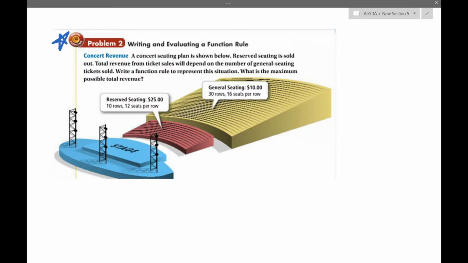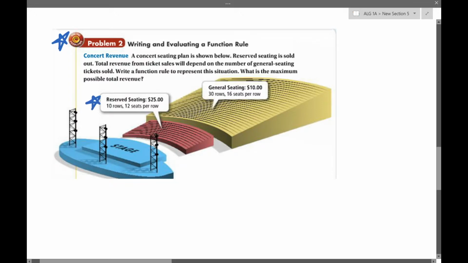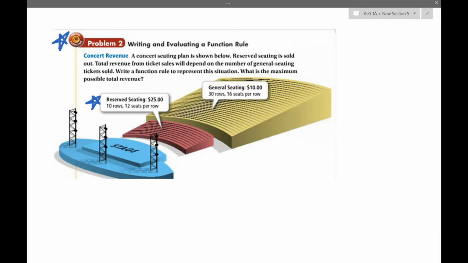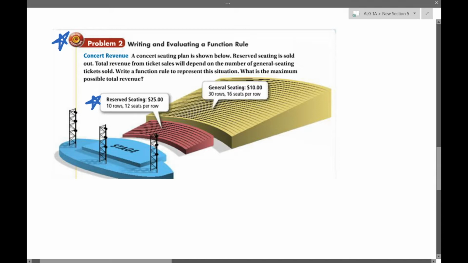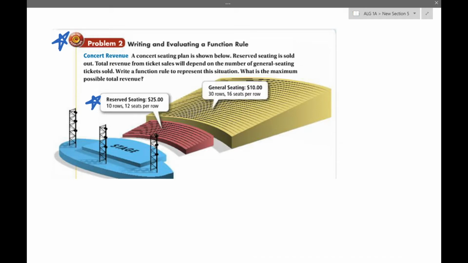So reserved seating is this red right here, and it is sold out. Total revenue from ticket sales will depend on the number of general seating tickets sold. Okay, write a function rule to represent this situation. What is the maximum possible total revenue?